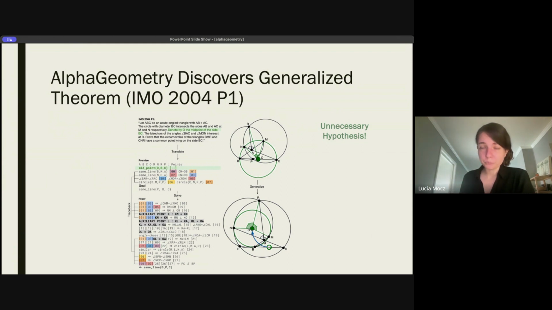So for example, in the original simple problem, I could have added as a premise that D is a midpoint, but it's not necessary to add that as a premise. It's something that we introduce in the process of solving the proof.